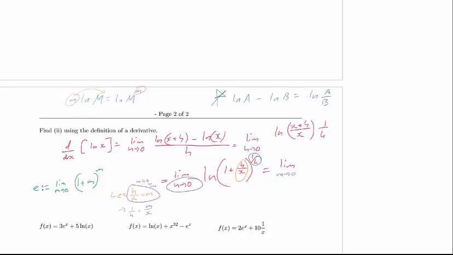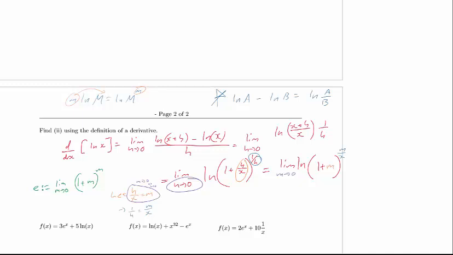As m approaches 0 of 1 plus m raised to the m over x. Oh, and I forgot to write the natural log. Sorry about that. That is very important. There we go, ln, natural log.